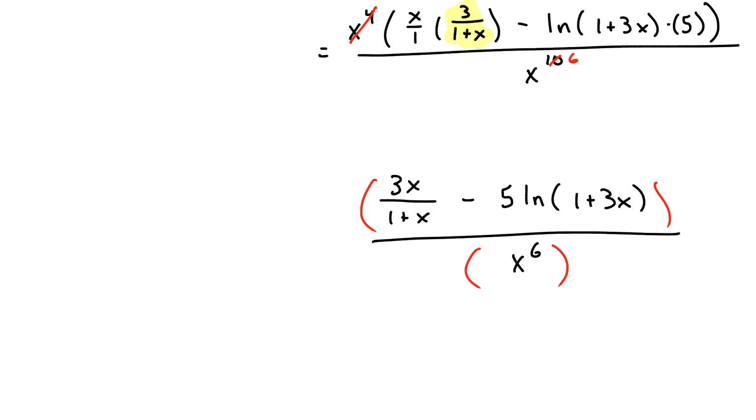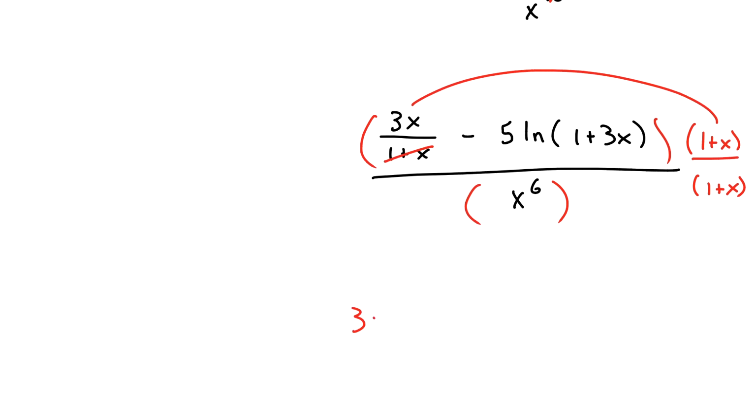So I'm going to multiply, we'll do it over here, 1 plus 3x over 1 plus 3x. Now first, when I take that and multiply it with that first term and distribute it, it's going to cancel that 1 plus 3x, and I'll just be left with 3x minus, here I do need to distribute that to the second term. We want to be careful because that 1 plus 3x is inside of our natural log.